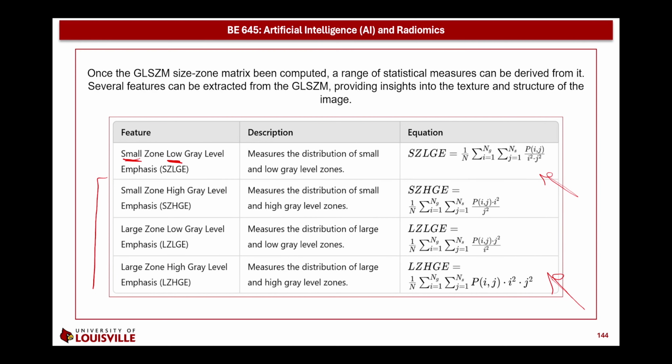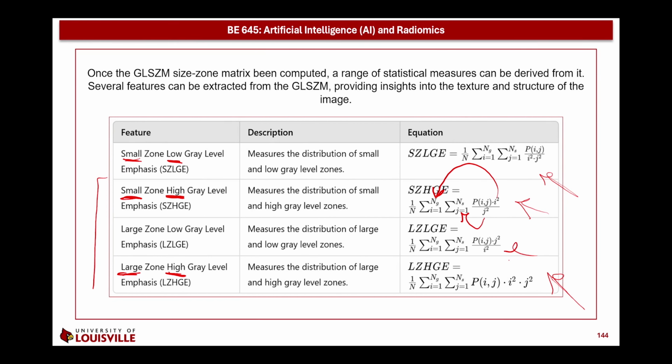And for i and j in the multiplication, large and high. The other combinations, you multiply by i squared and divide by j squared. So the i will reflect the high gray level and j will reflect the small zone. This is because the i reflects the counter of the gray levels and j reflects the counter of size zones.